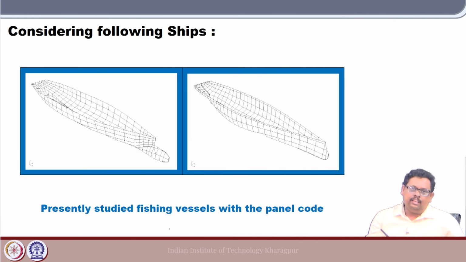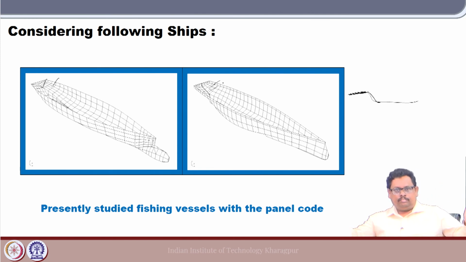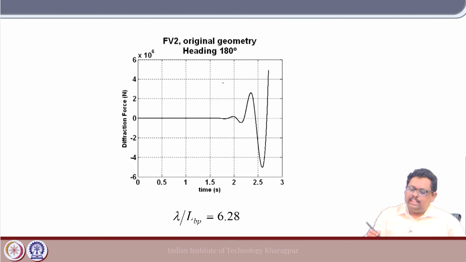However, if I take a vessel which has a flare, that means if I look at the profile view, some ships have some flare here, transom. Once you have this sort of thing, you can see over here, and also here, the flare is there. What is happening mostly in fishing vessels is that the results are unstable. What would be the reason for this instability?